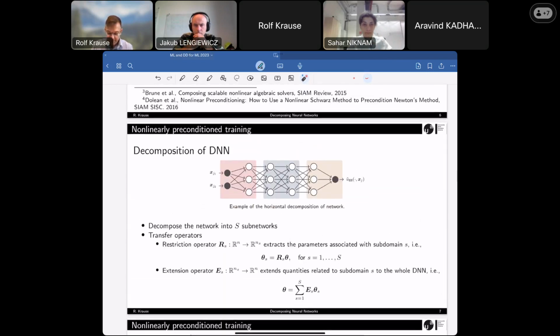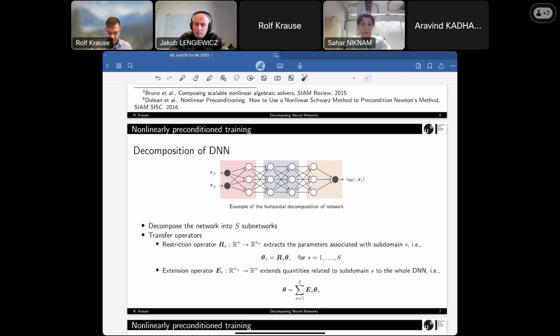We take the network and we cut it, in this particular case, between layers. So this is the entrance layer, first hidden layer, second hidden layer, third hidden layer. So we cut between layers and block the corresponding weights. Then you can have a restriction operator which is selecting the corresponding weights.